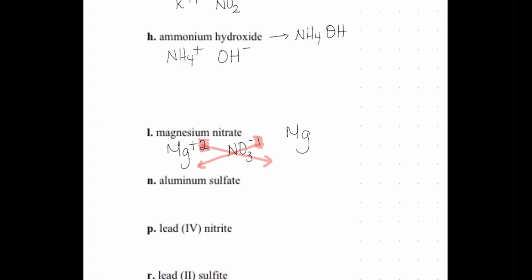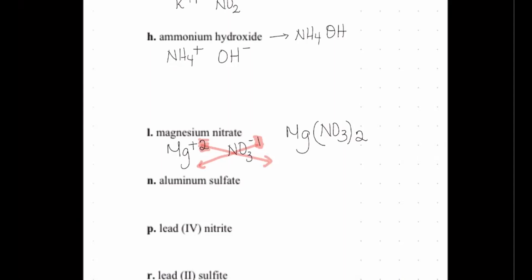Then NO3 is a whole unit. It's going to get a subscript of 2. And instead of this looking like a 32, we need to wrap it in a blanket. Whenever your polyatomic ion has a subscript of 2 or more, put it in parentheses.